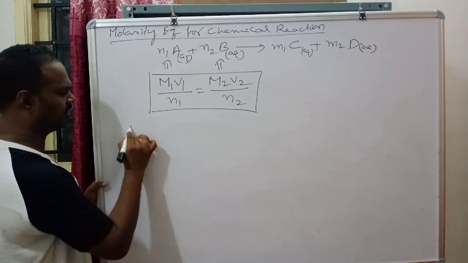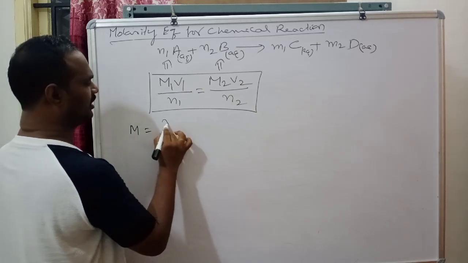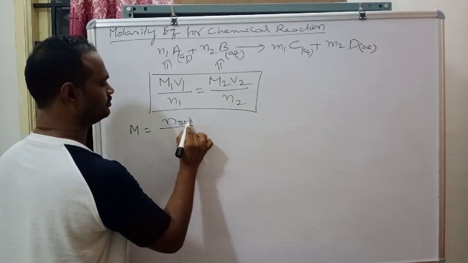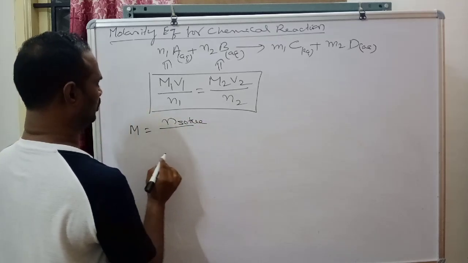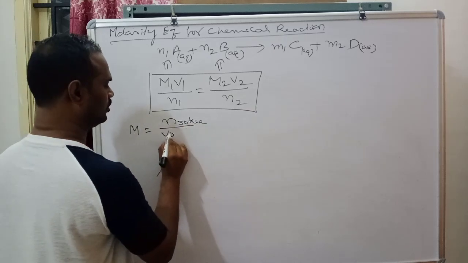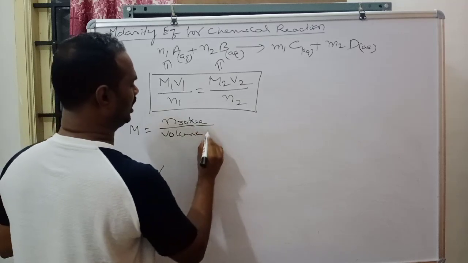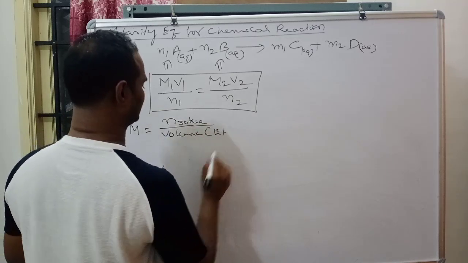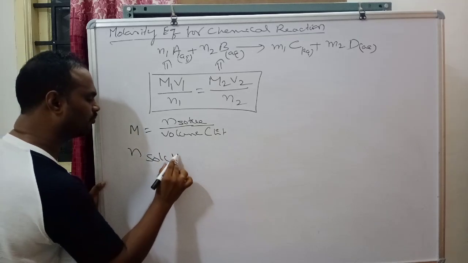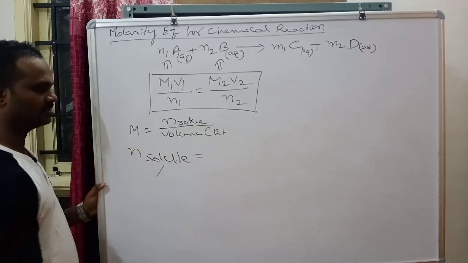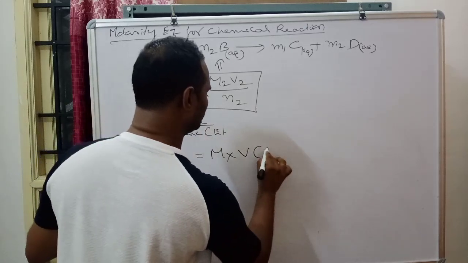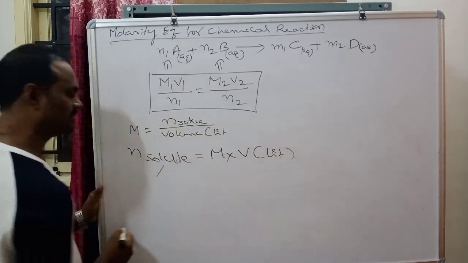So the basic formula, once again: molarity is equal to number of moles of solute by volume of solution in liters. If you want the number of moles of solute, it is equal to M into volume in liters.